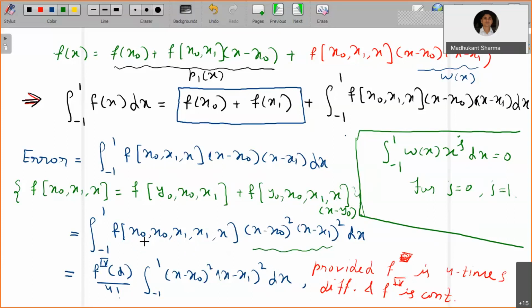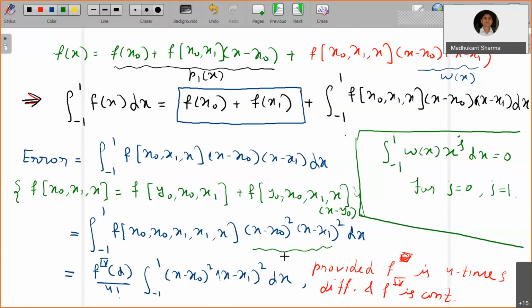This is using 4 points with x, so 5 points. When you choose x0 and x1 as interpolation points, in the limiting case this tends to the fourth derivative at some point d between the interval x0 to x1, divided by 4 factorial.